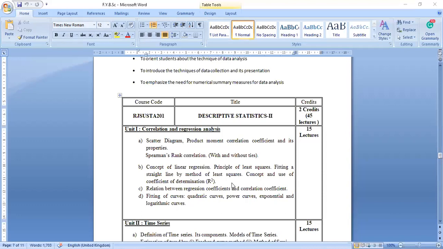So what we are talking about: what is correlation? Can I get some relation between two variables? I will not consider any example, just try to brief it. When I talk about the relationship between two or more variables, I will go for correlation. So is there any relationship between the number of lectures attended and marks obtained?